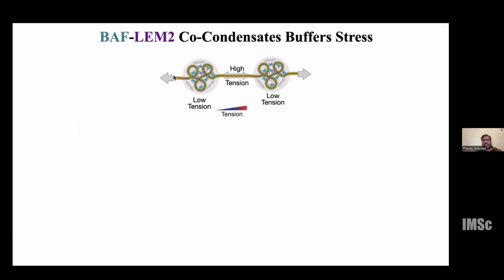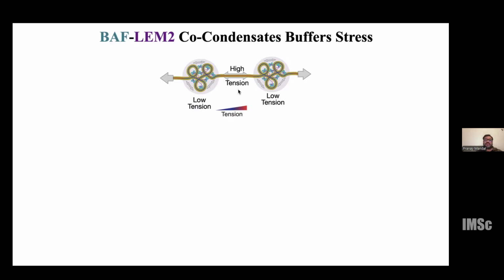What we can see in this schematic is that when you pull the DNA from both ends, the force gets redistributed through this protein network, and as a result the DNA inside is less stressed compared to the DNA outside.